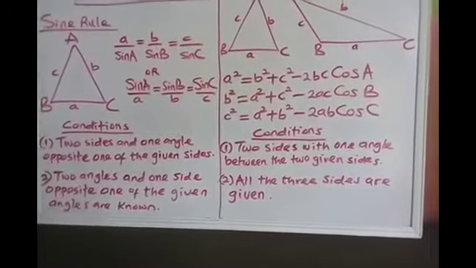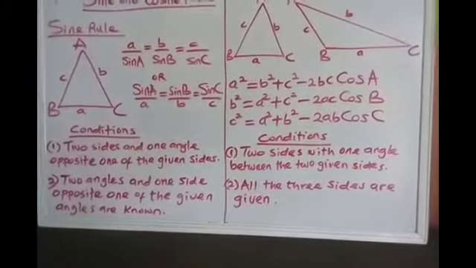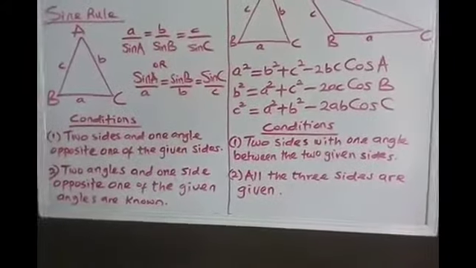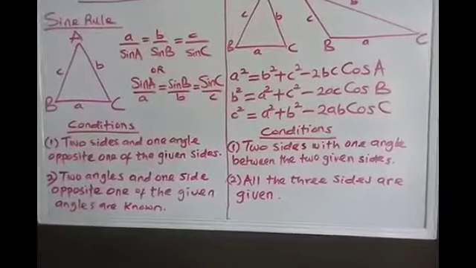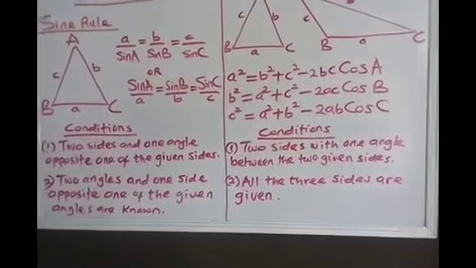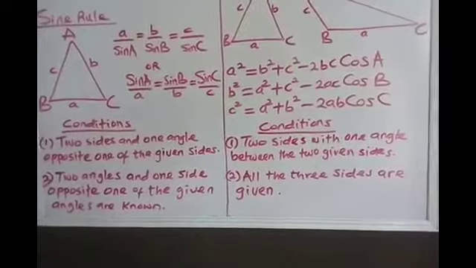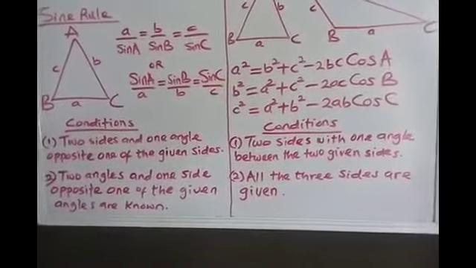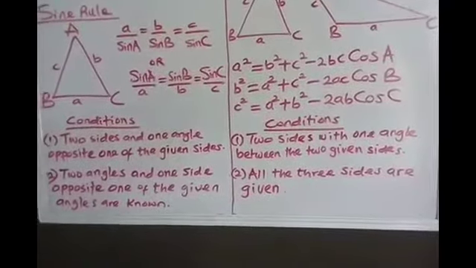Now, what are the conditions that will make us apply sine rule to solve a particular triangle? The first condition is if two sides and one angle opposite one of the given sides are known. I repeat, to apply sine rule to solve a particular triangle, we have some conditions that must be fulfilled.